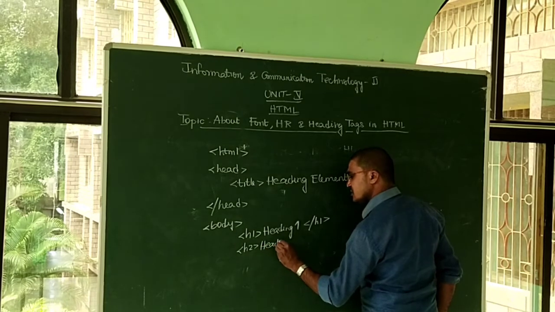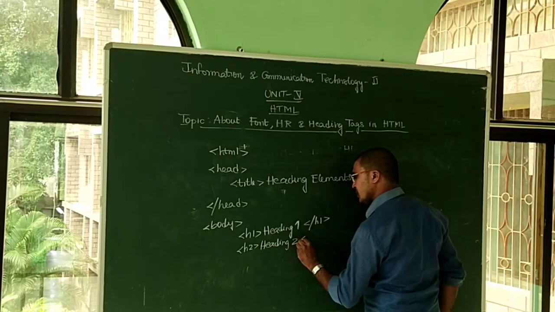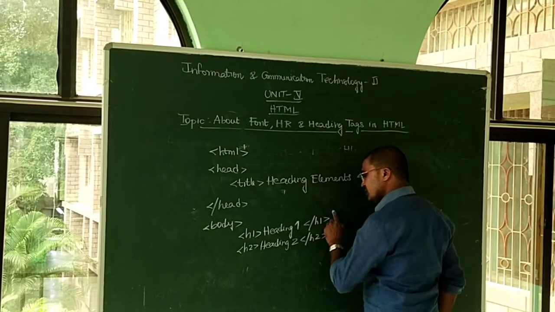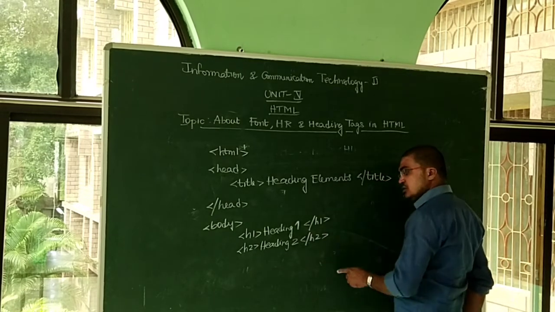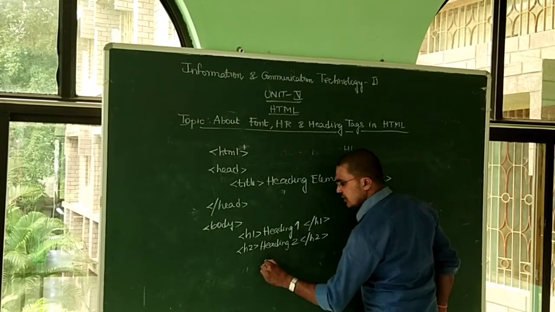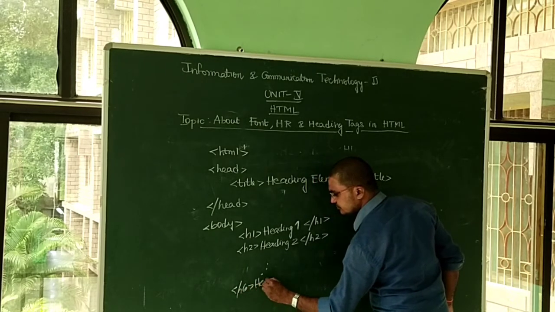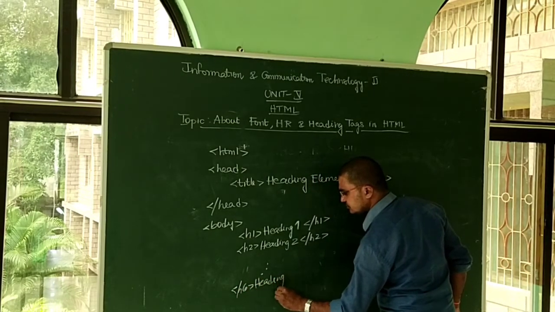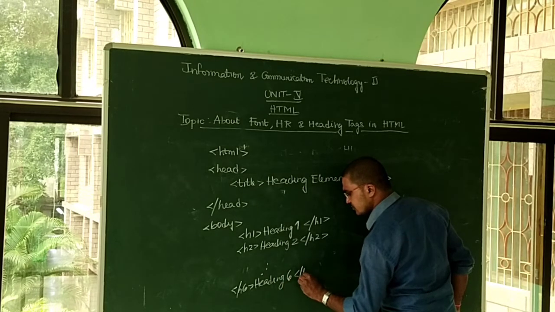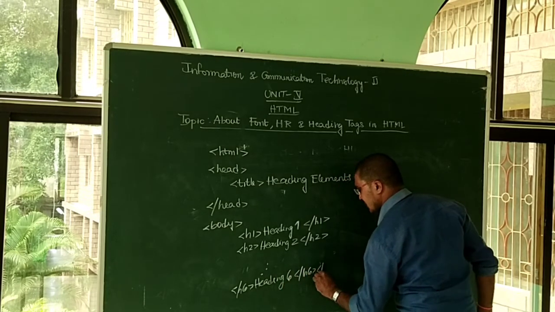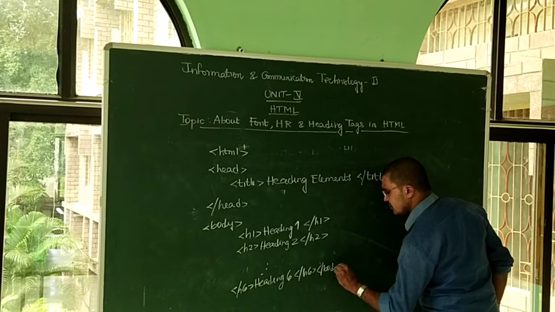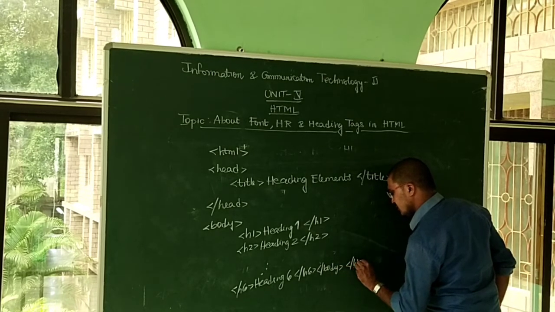The heading name is heading 2, and close the H2. But you just identify, I didn't use the BR tag, like this. And finally I use H6, and close the body and close the HTML.